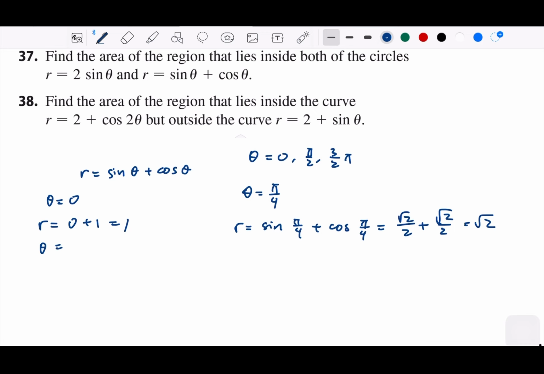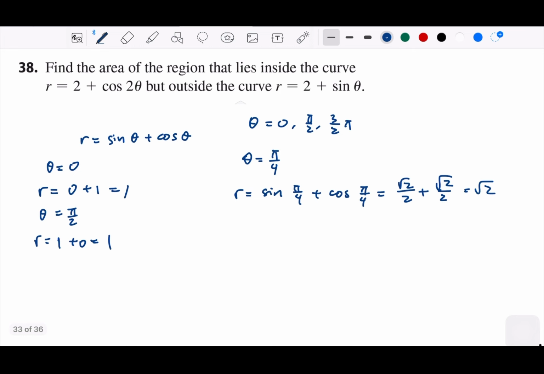And when theta is pi over 2, sine is 1 and cosine is 0, right? And pi over 4 is in between 0 and pi over 2.